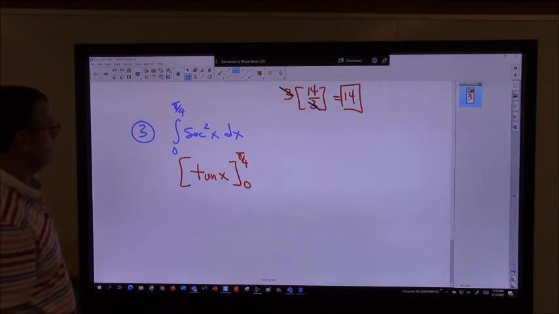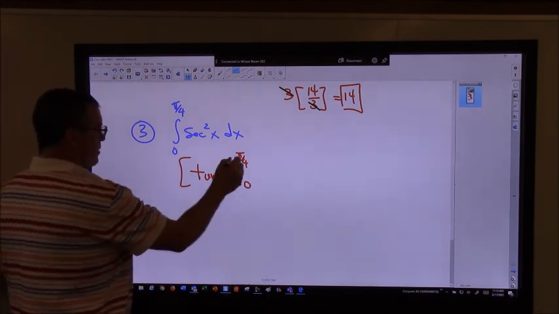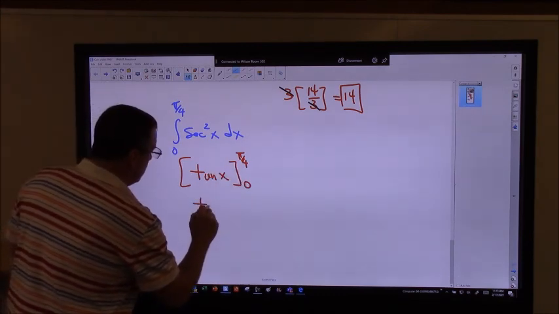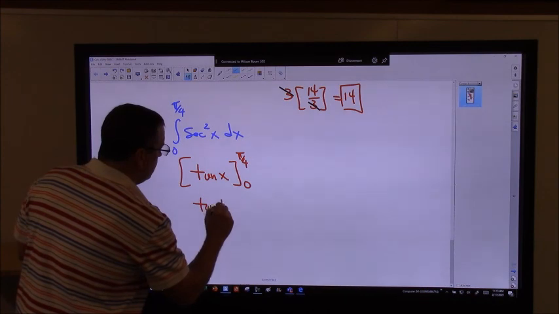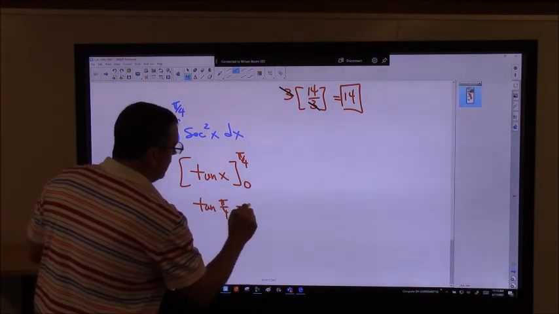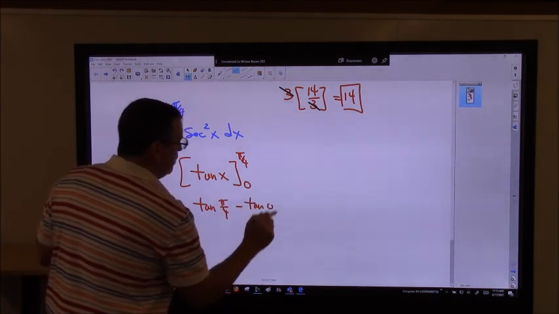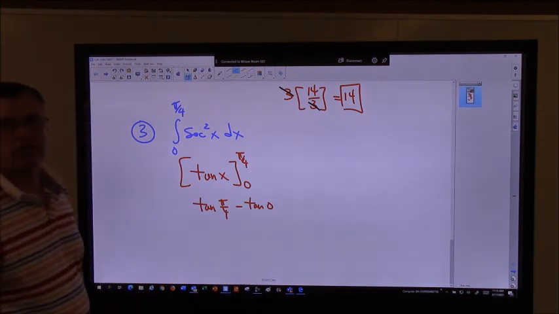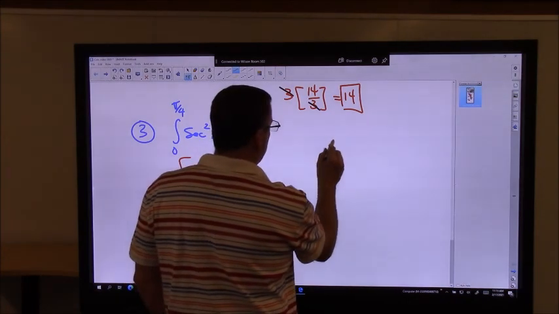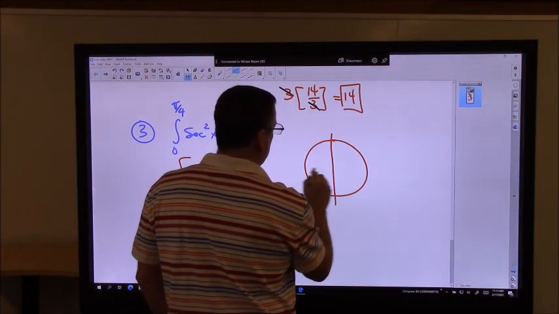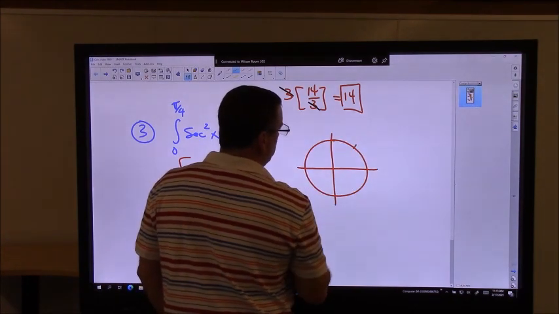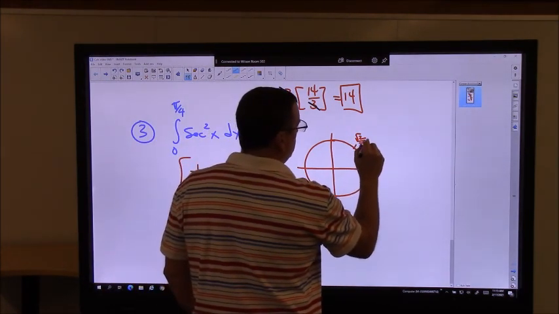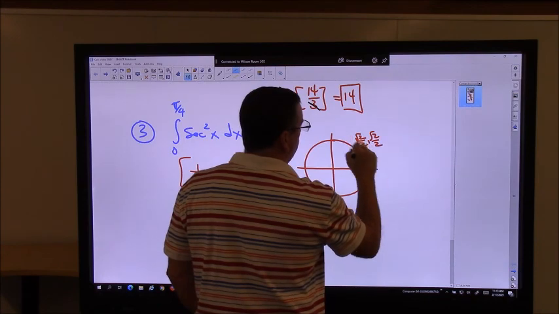All right, so that means I plug this number in first, this one second, and I subtract those. So what I have is a tangent of pi over 4 minus a tangent of 0. So now I've got to think unit circle. Pi over 4 is right there. I know that's the point root 2 over 2 comma root 2 over 2.